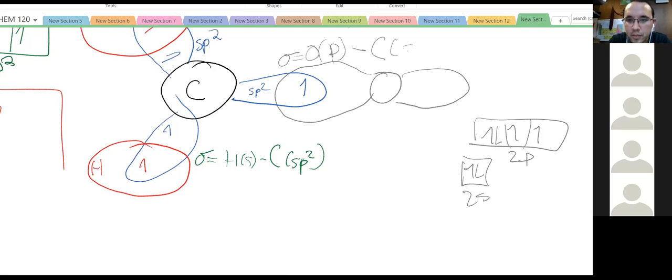Very good. So our sigma bonds, if we have hybridization occurring, are going to be the overlap of those hybridized orbitals. The double bonds and the triple bonds always form with the unhybridized orbitals. We're going to talk about that in just a second. That's how we can determine what orbitals are interacting.